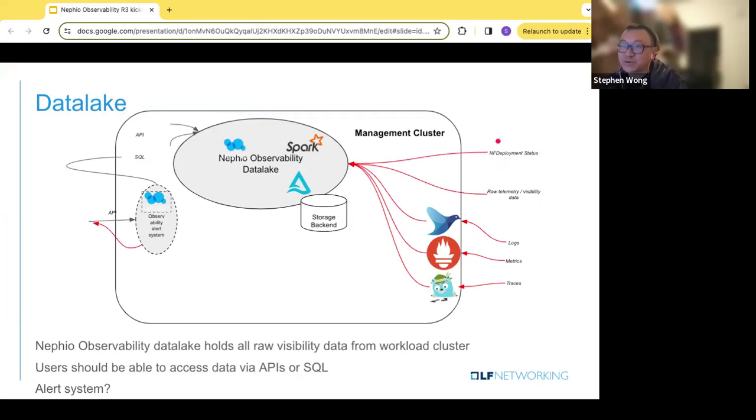As we said on the first slide, we need to have something on the management clusters that allows users to have access to the management cluster, without going to every individual workload cluster to read the data. So in the last meeting, it was suggested that we should just build a data lake. That sounds good, so we have to build a data lake.